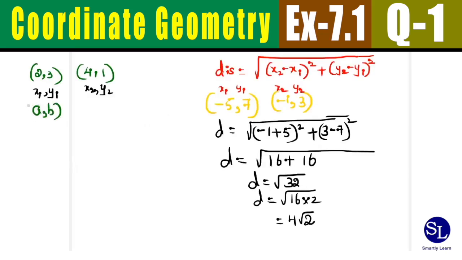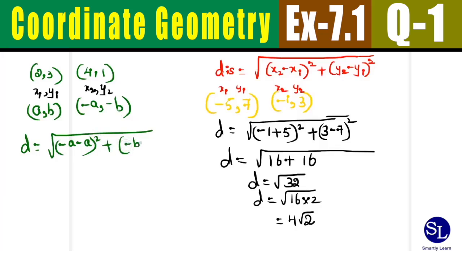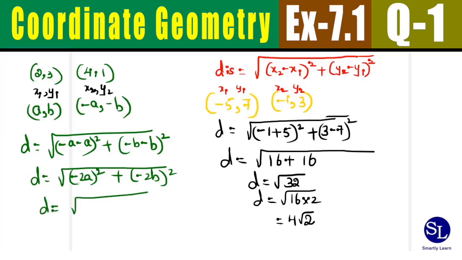In order to apply the formula, this time it is square root of minus a, that is x2, minus x1 is minus a minus a, so minus 2a the whole square, plus y2 is minus b minus y1 which is another b, so minus 2b the whole square. So d is square root of (minus 2a) the whole square, which is 4a square. Similarly, this will be 4b square.